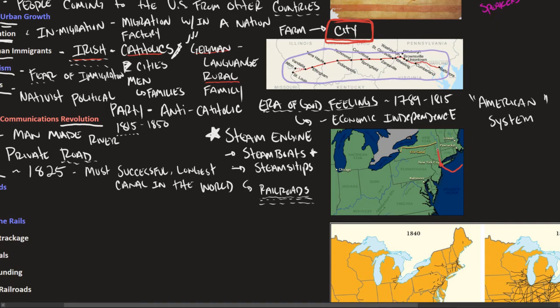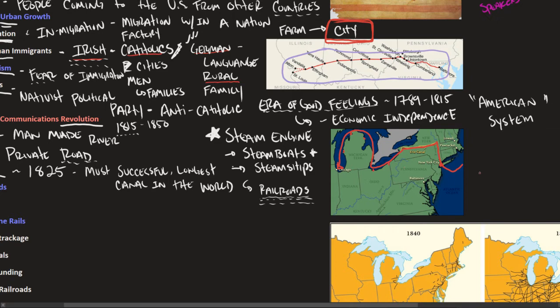You might not be able to see the river here, but there's a river here, the Hudson. Sail across the Erie Canal, which was built right here, all the way across New York, and then get into the Great Lakes region, where you could eventually make your way by ship all the way to places like Chicago and pretty much everywhere else in this area here.